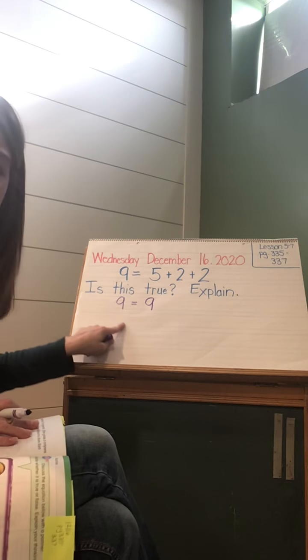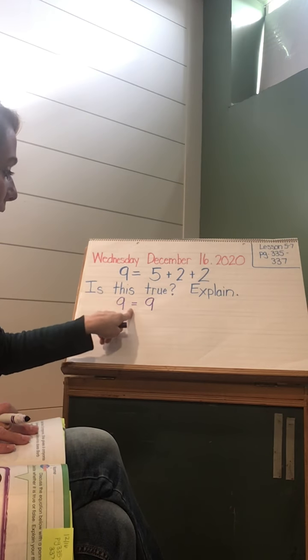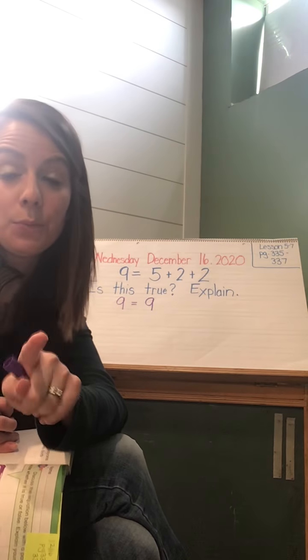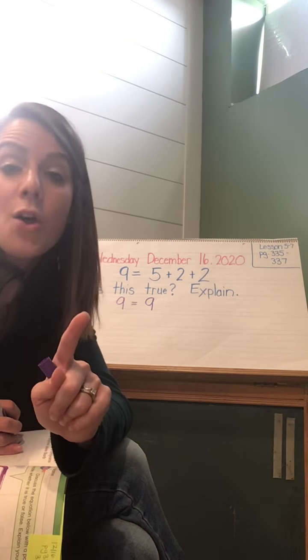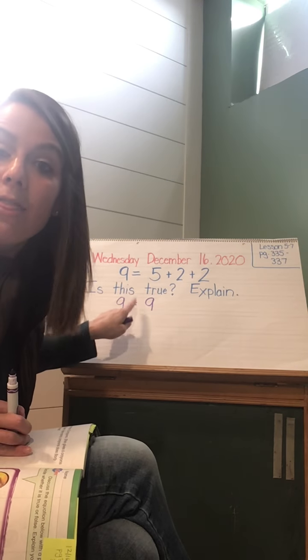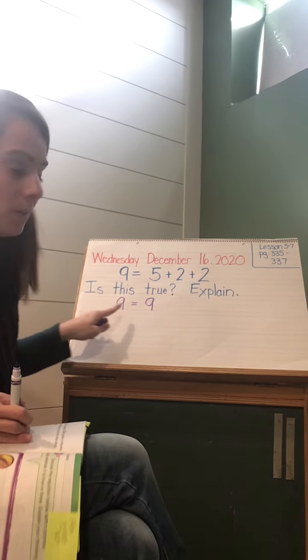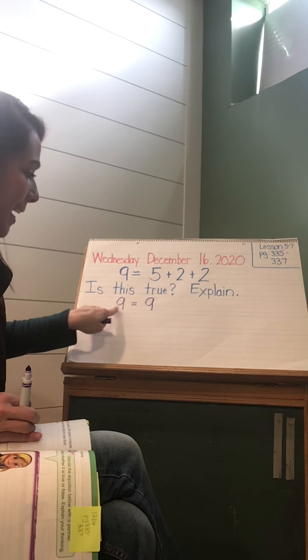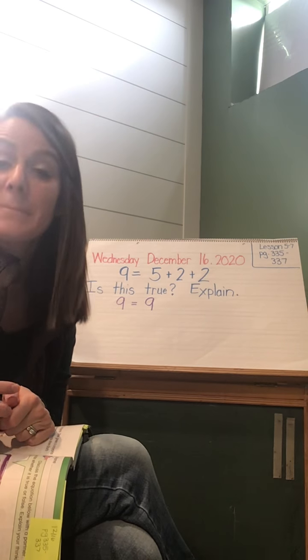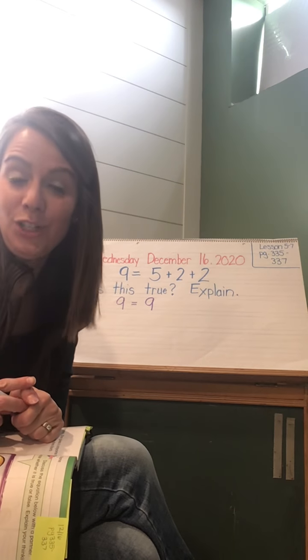Now let's look at this. This says 9 equals 9. Now like the book told us, and when we did our I can statement, we learned that this equal sign means the same as. So is 9 the same as 9? Yes, it is. Good job.